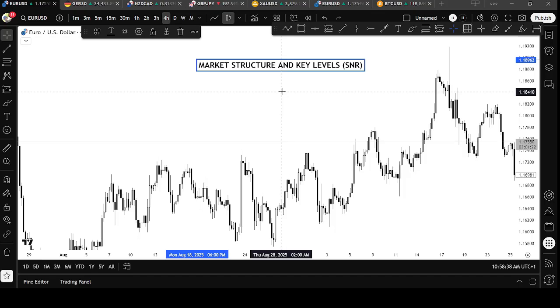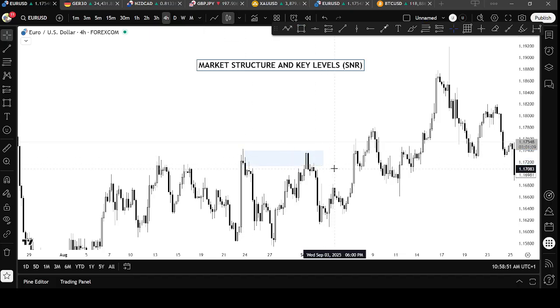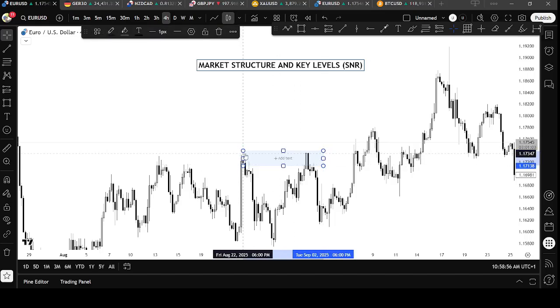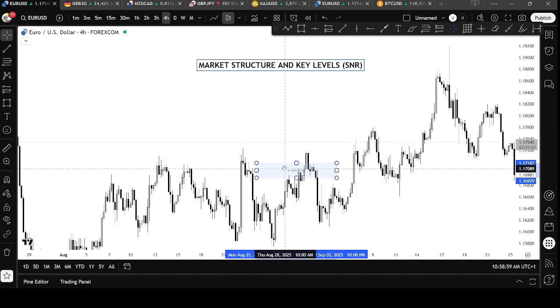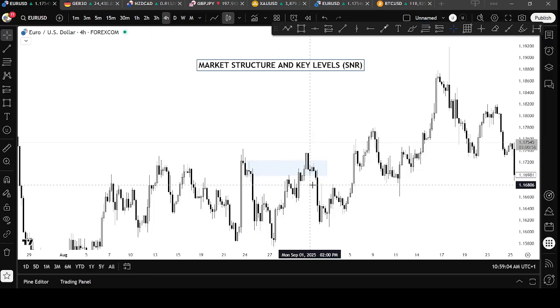So the difference between your support and resistance level and your supply and demand is that your supply is usually a particular area like this. This last candle I marked is my supply, or I can take this one here.